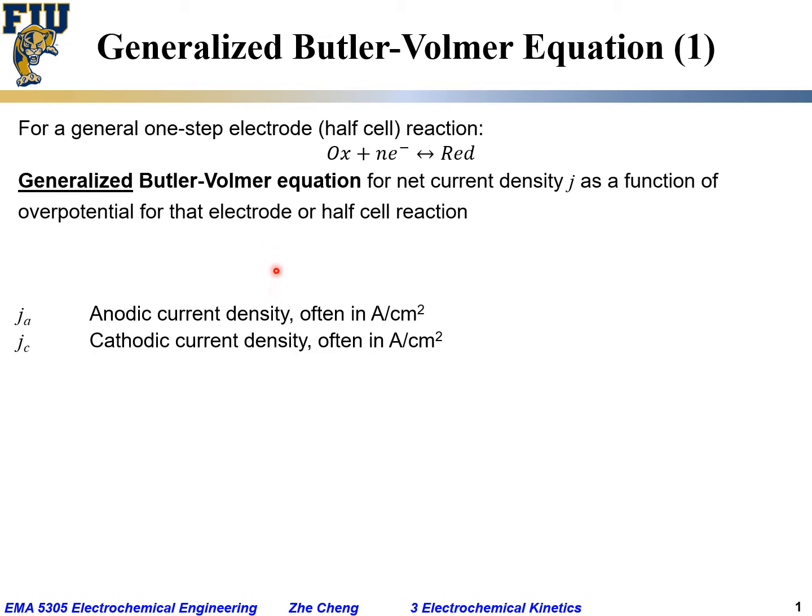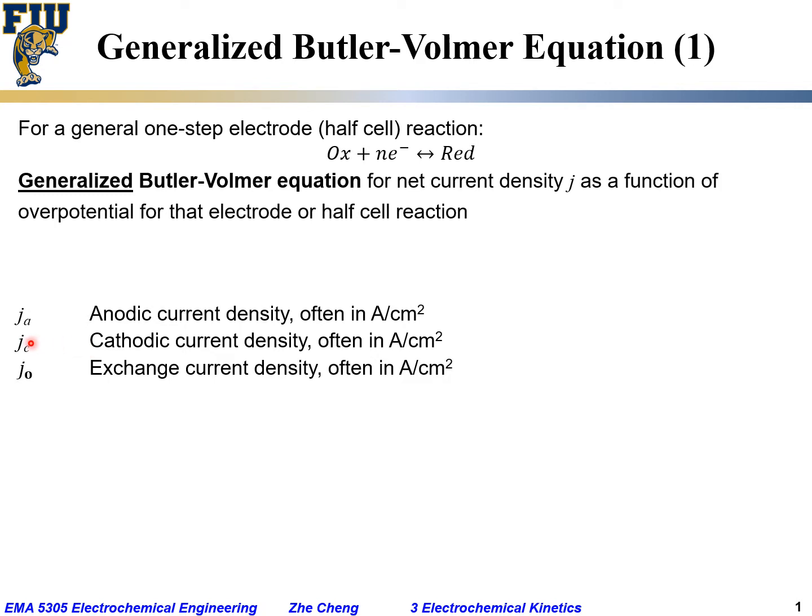CS over C0 for the reduced species applies to the anodic component, so it is determined by the reduced species concentration ratio. And CS over C0 for the OX, or oxidized species, limits the cathodic or reduction component.